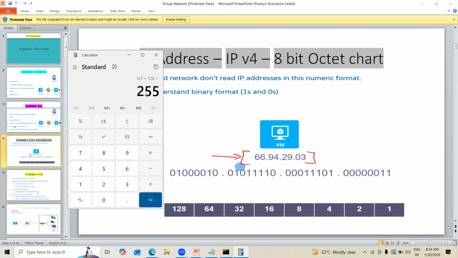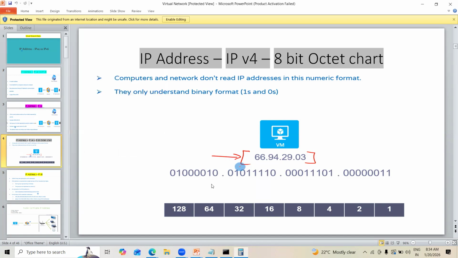So you need to remember this number. That means in each and every octet, you will get a maximum of 255.